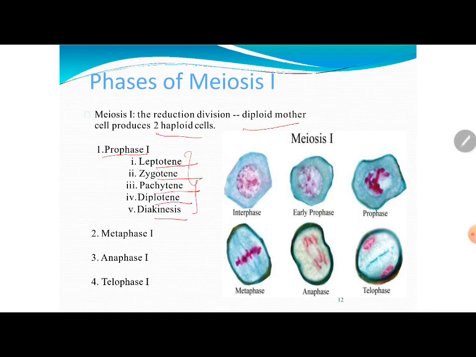So when we take a cell, within the cell you will have chromosomes or chromatids. There are 2 types, sister chromatids and non-sister chromatids. The one coming from the paternal and maternal, we call them as non-sister chromatids.